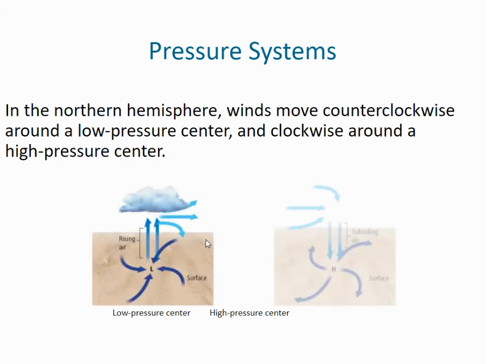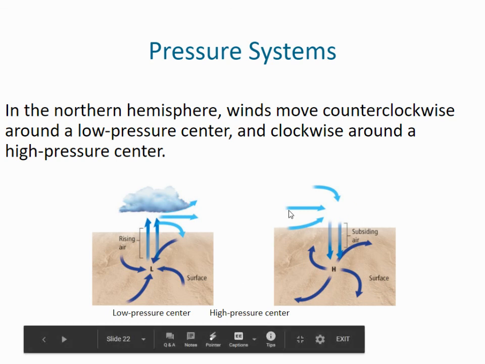These high and low air pressure systems bring different types of weather with them as well. In the northern hemisphere, winds move counterclockwise around the center of a low pressure system, and clockwise around the center of a high pressure system.